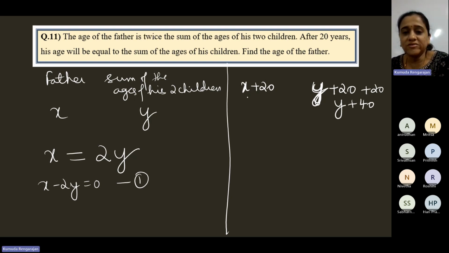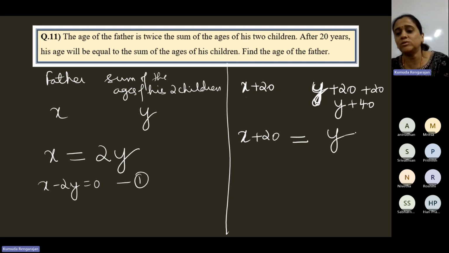So now x plus 20 represents the father's age after 20 years. y plus 40 represents the sum of the ages of the two children after 20 years. Now read the question: his age, meaning father's age, will be equal to the sum of the ages of his children, which is y plus 40.